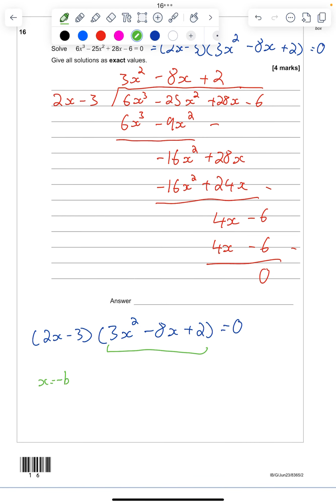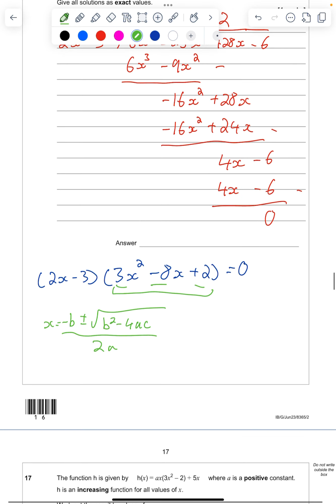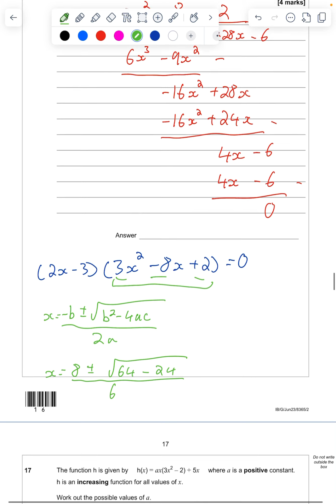So let's whack out the quadratic formula. So x is minus b plus minus the root of b squared take away 4ac over 2a, where a is 3, b is minus 8, and c is 2. So let's quickly work through this. So x will be 8 plus minus the root of b squared, which is going to be 64, minus 4 times 3 times 2, which will be minus 24, over 2 times by a, which is 3, which will give you 6.